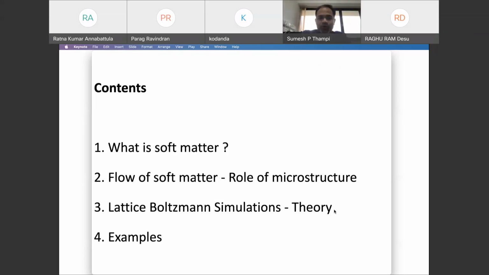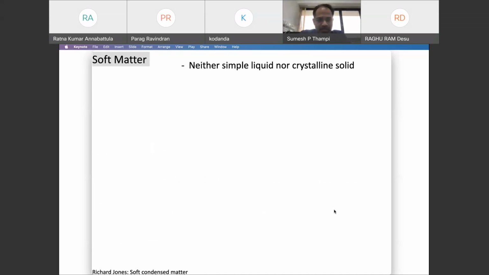And then I'll introduce you to some simple concepts in lattice Boltzmann, and I'll end by showing you some of the examples where this particular technique has proven to be very useful. If you have questions in between, please go ahead and ask.